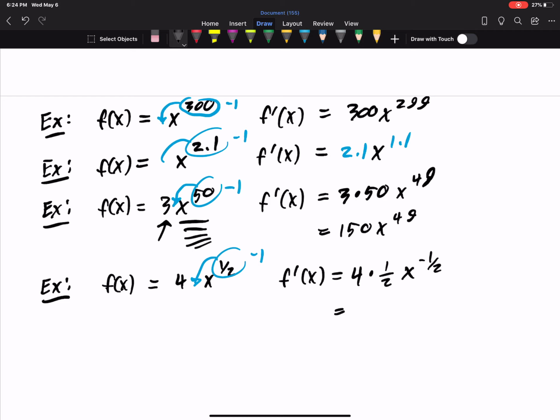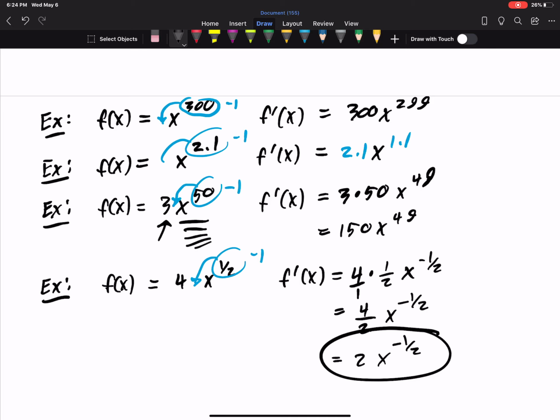So 4 times 1/2, well, that's the same thing as 4 over 1 times 1 over 2. So that's 4 over 2, using fraction rules, x to the minus 1/2. Simplifying that, that's just 2 x to the minus 1/2. Okay, so that's the final answer to that.